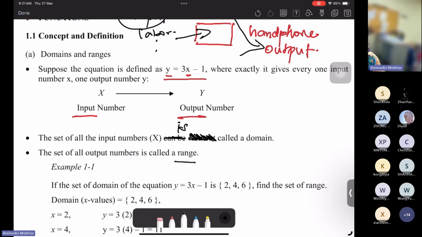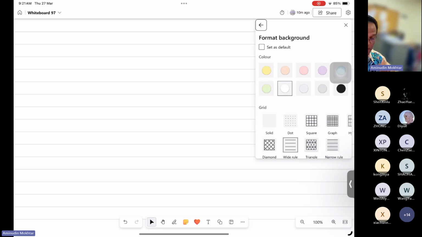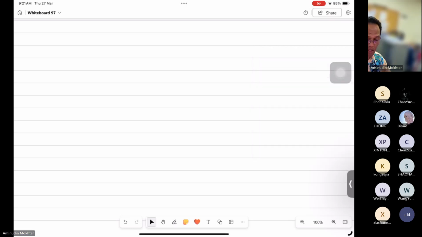That is the second concept. For example, if you refer to the note, we have the function y equal to 3x minus 1.